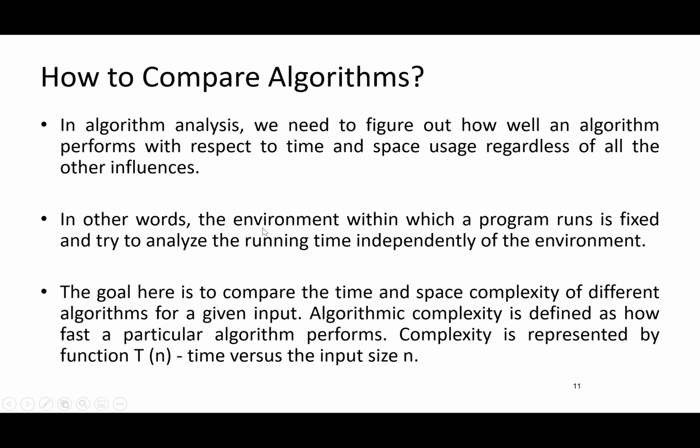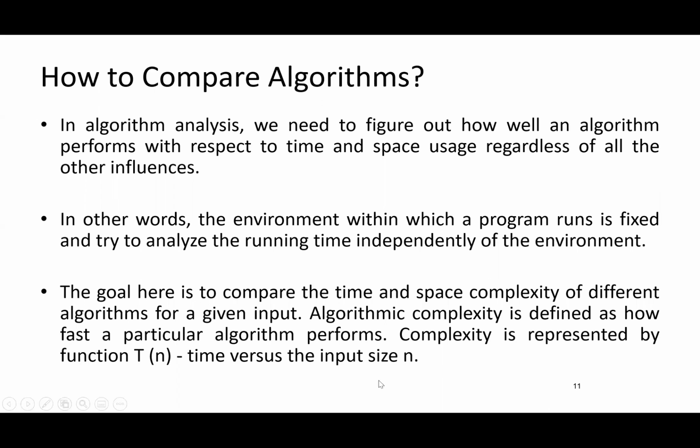In other words, what we want is for the environment within which the program runs to be fixed, okay? And we just try to analyze the running time that is independent of the environment, okay? So our goal here is to compare the time and space complexity of different algorithms for a given input.